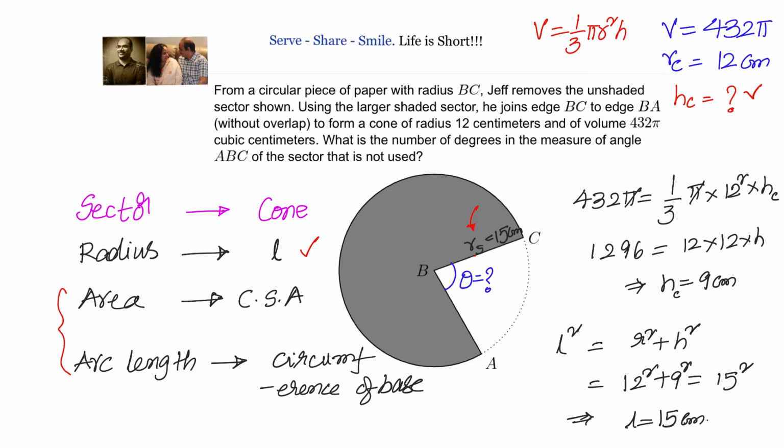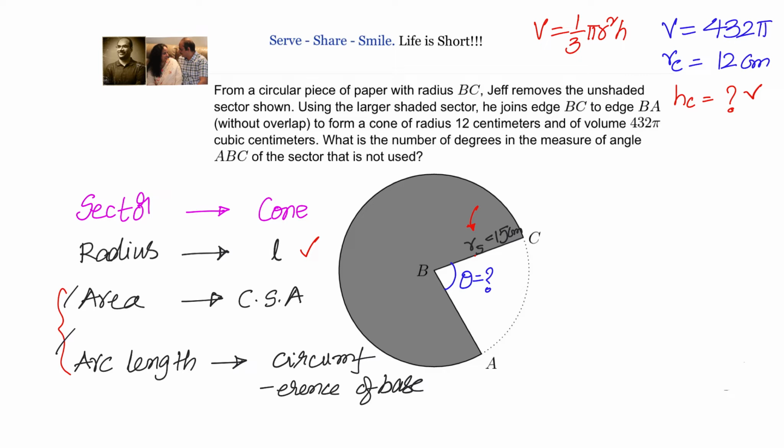Once we understood this, now we can go to arc length or area. Either one can be used to find the theta value. Let's go ahead and do that. We have h equals 9 centimeters and L is 15 centimeters.